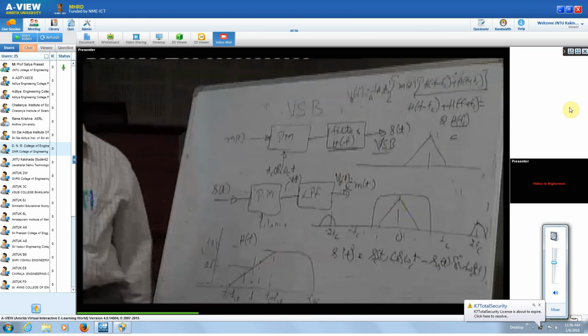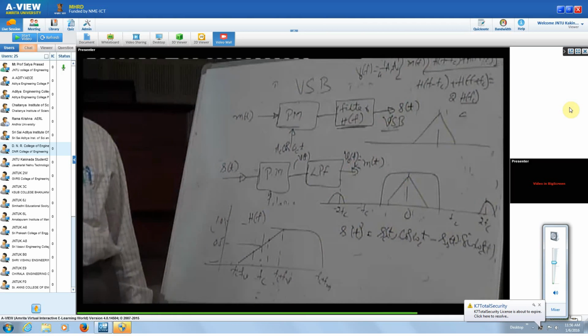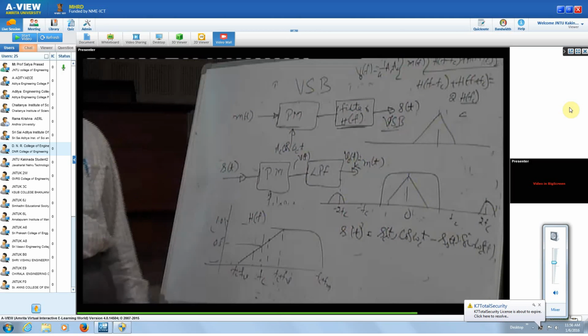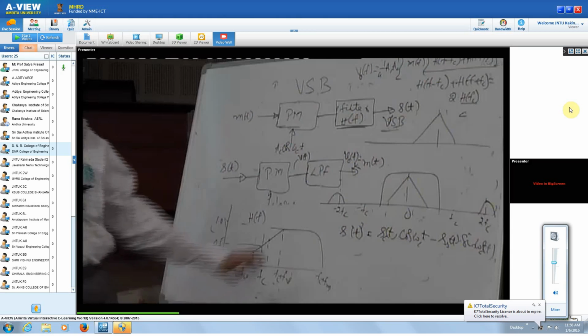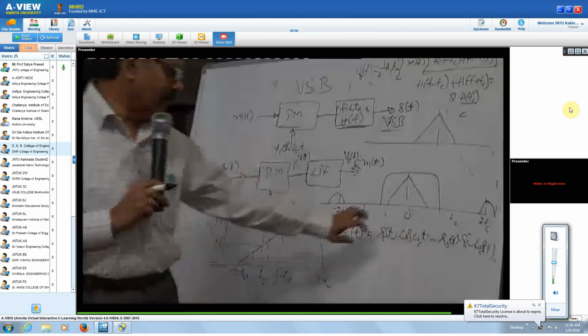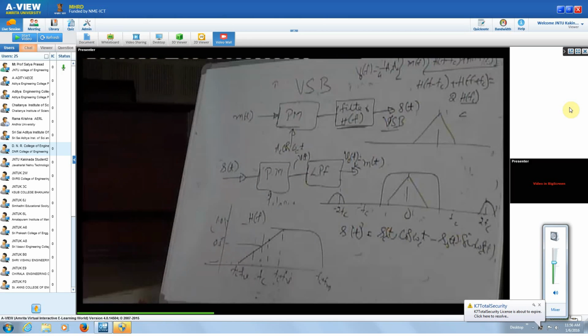The in phase and quadrature phase signals that we are going to have. So this is the time domain representation. So what will be our S C of t or S S of t?